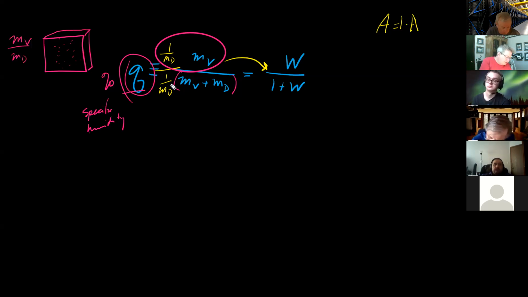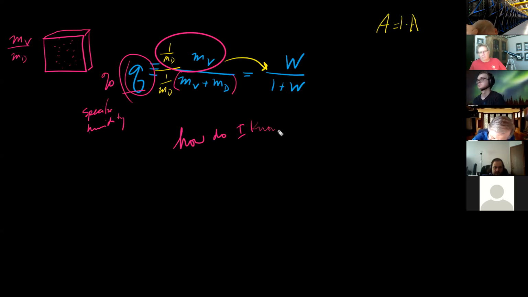So now the next part says, all right, now we're going to do an exercise. And we calculate the vapor pressure, knowing the mixing ratio. Now, do you understand, how do I know W?